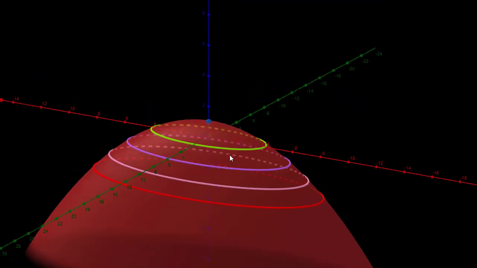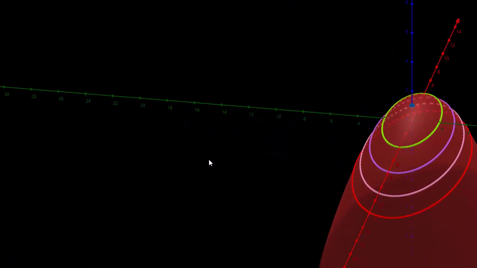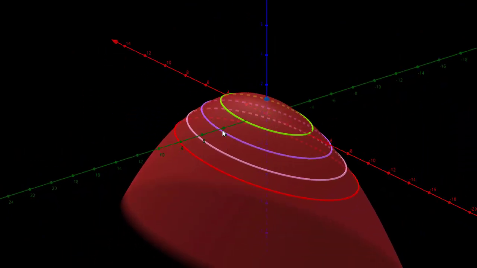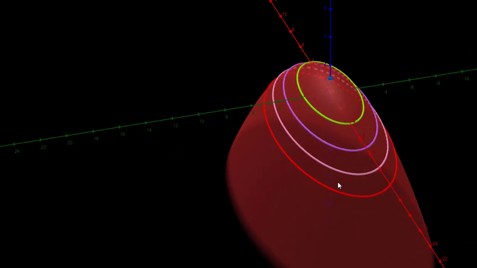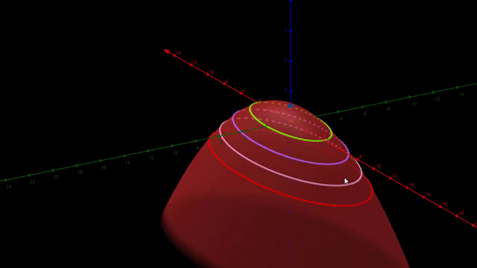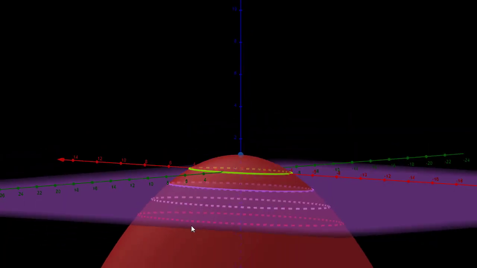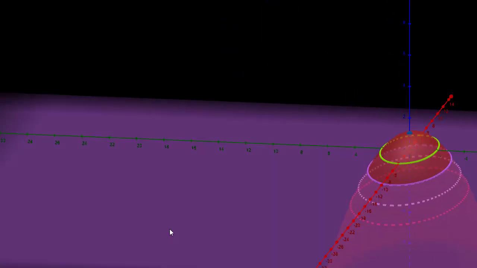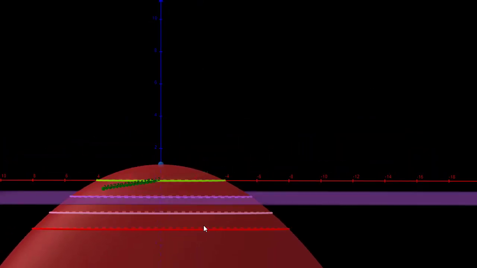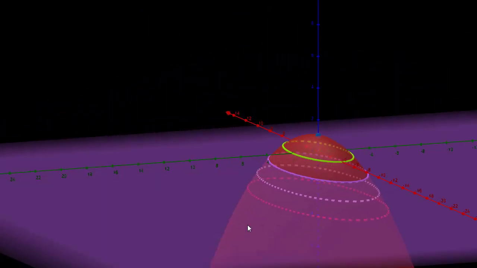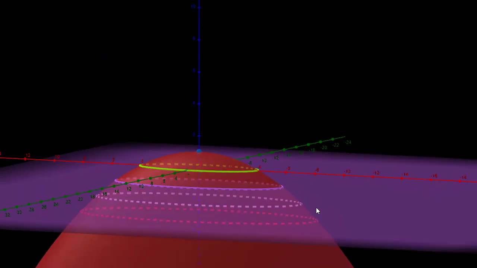Alright, so here is the surface itself, and as you can see, what these level curves are doing is tracing out the contour. That's why I like to call these contour curves. It traces out the contour at each particular height. So if I bring one of these planes back in, this one in the purple is just showing the curve that is made when we intersect this surface with the plane.